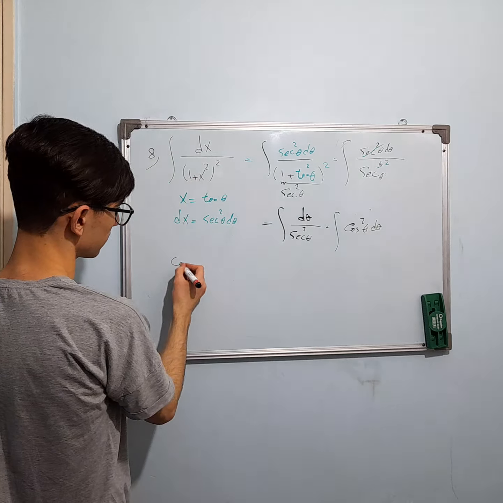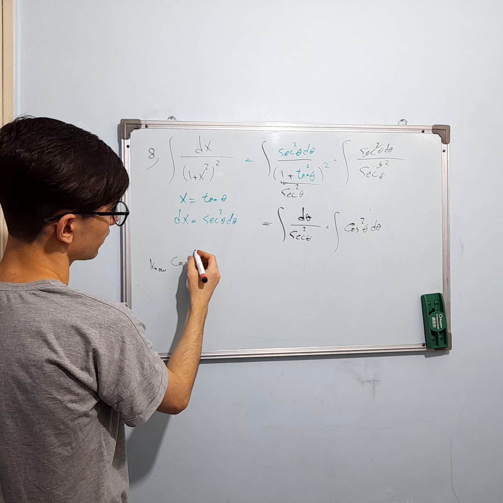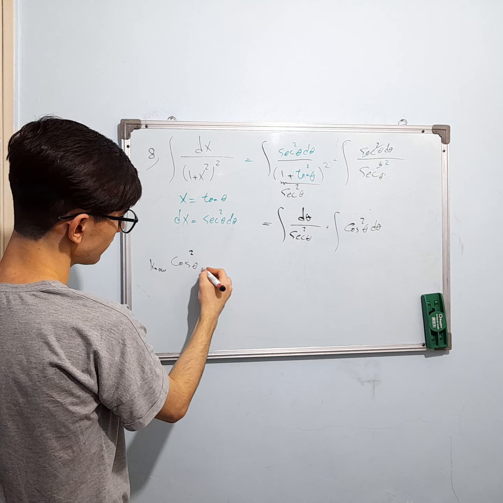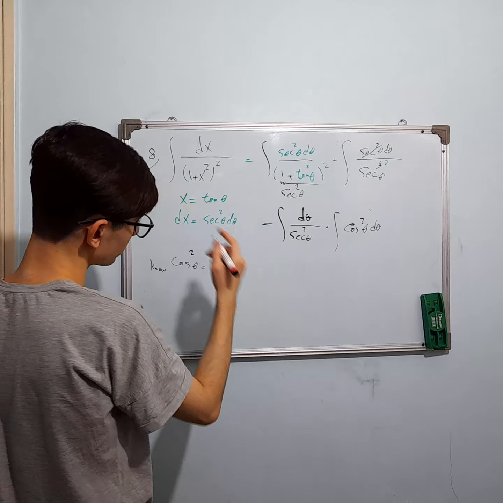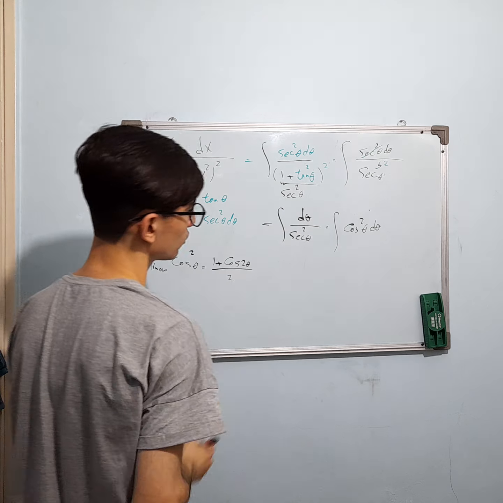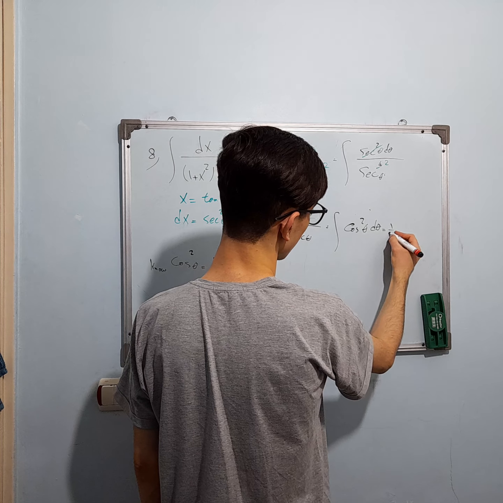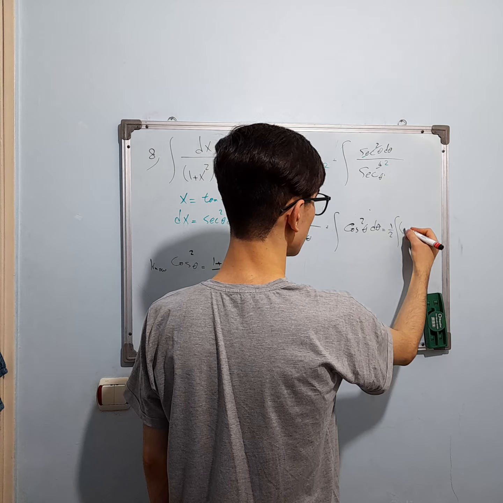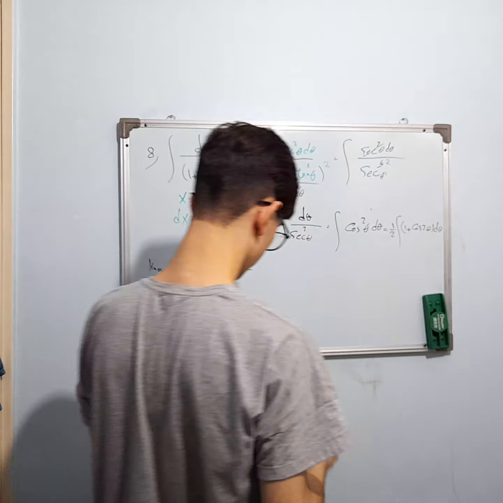And we know that cosine squared theta is (1 plus cosine 2 theta) over 2. I bring 1/2 behind the integral: 1/2 integral of (1 plus cosine 2 theta) d theta.